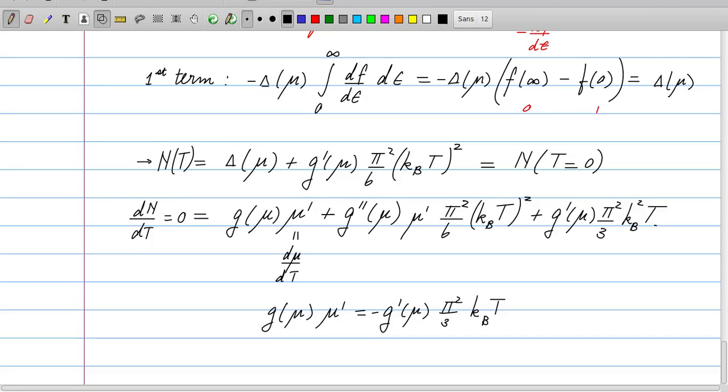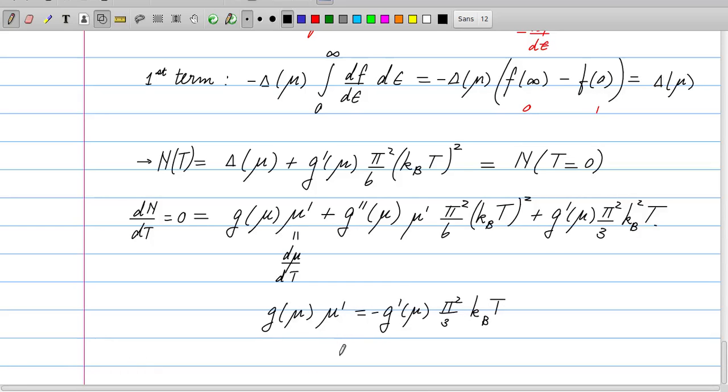So we obtain the result that g mu times mu primed is minus g prime mu pi squared over 3 kbt. And the fact that g is a smooth function around the Fermi energy, so g varies with the square root of mu, so also g primed varies with the square root of mu, and at a finite value of mu, which is close to the Fermi energy, these two functions are harmless.